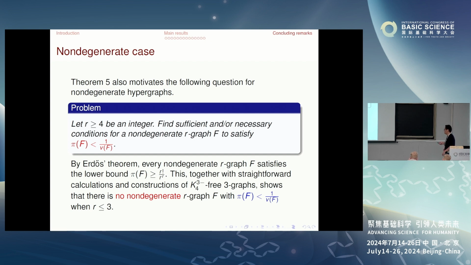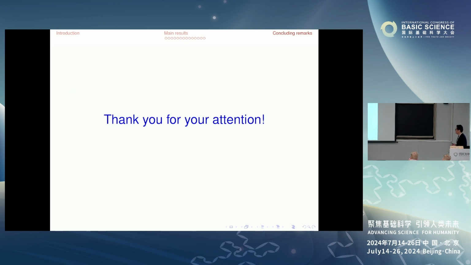We know that this one is at least this one. If F is the non-degenerate case, previous results show that pi F is at least this one. So we want this equality to hold. We always need r to be at least 4. As for r at least 2, this one doesn't hold for the non-degenerate case.